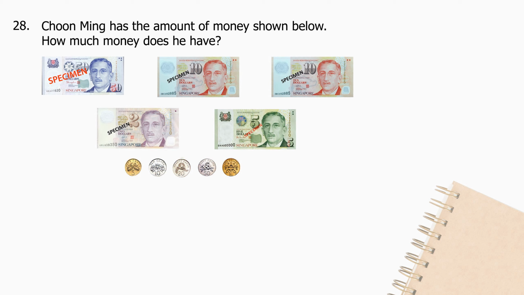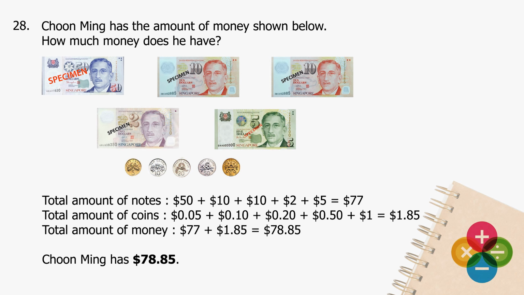Question 28. Chun Ming has the amount of money shown below. How much money does he have? The total amount of notes will be add $50 to $10, to $10, to $2, and to $5, and the sum is $77.